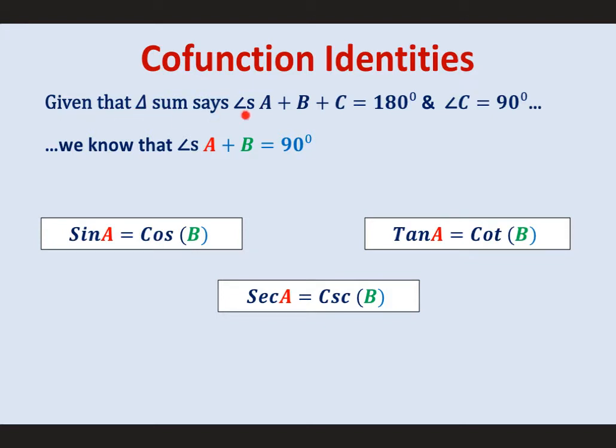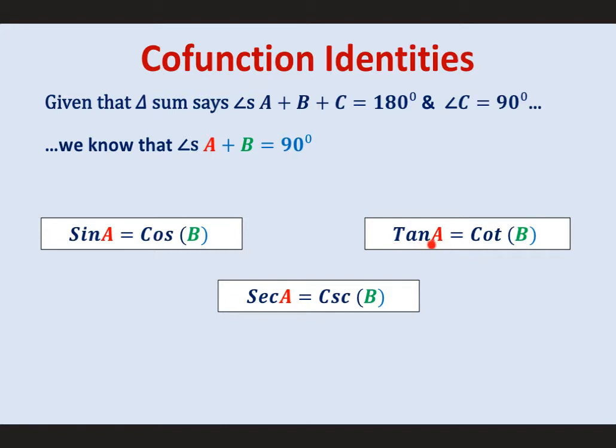Given a triangle where the angles add up to 180 degrees, which is all triangles, and angle C is already 90 degrees, then we know that the other two angles, A and B, have to add up to 90 degrees. So what we just saw in that last slide was that if I take the sine of one of those angles, it'll be equal to the cofunction, the cosine of its complement. So in other words, A and B have to add up to 90 degrees. Same thing with tangent.